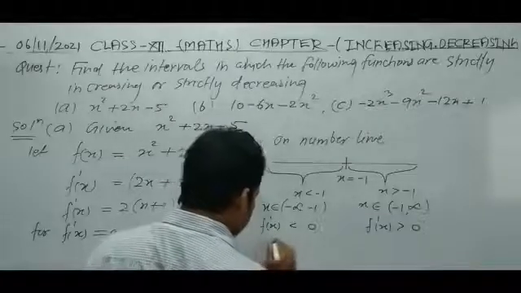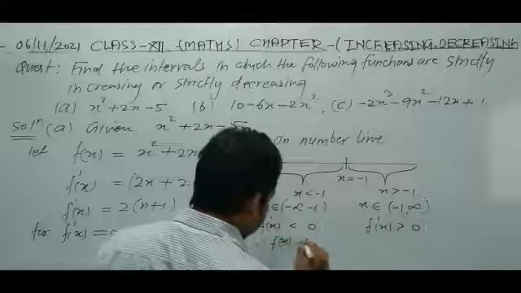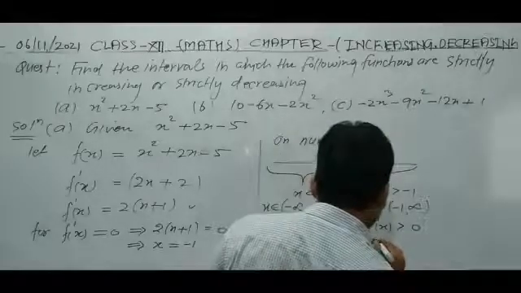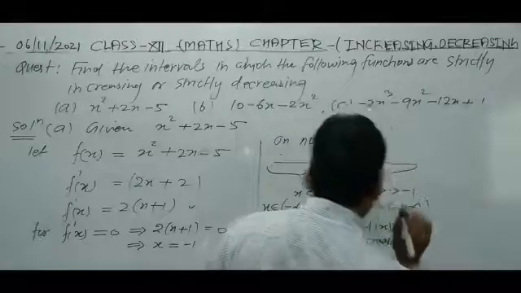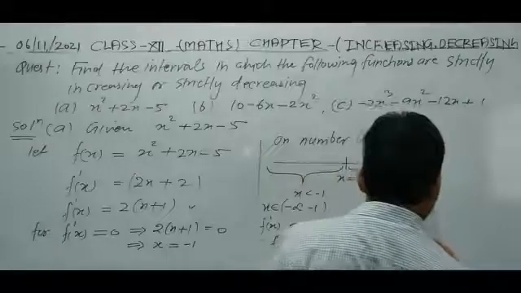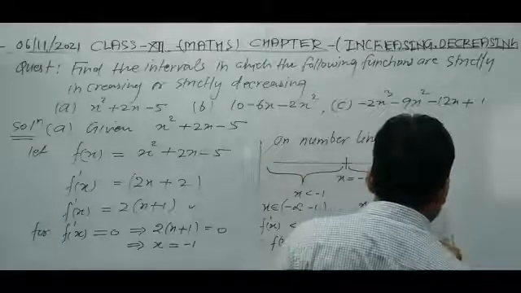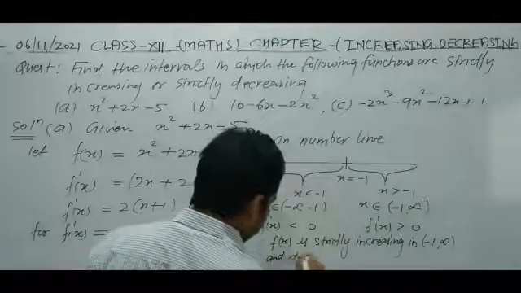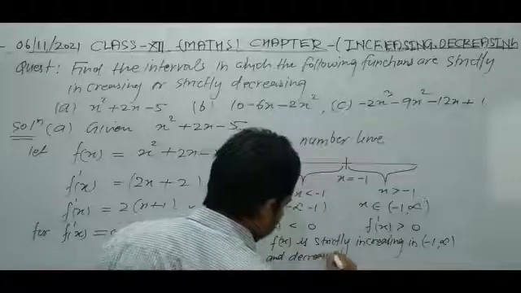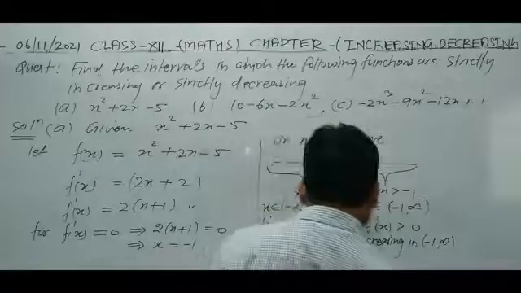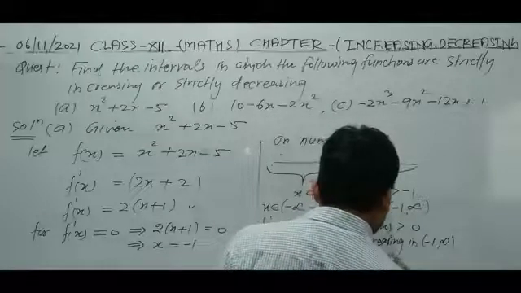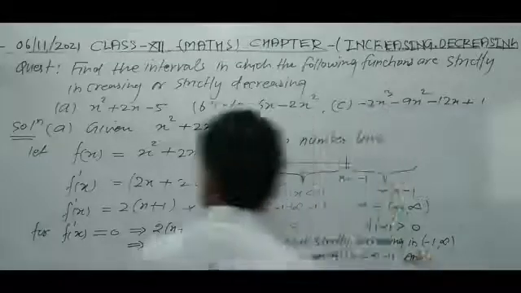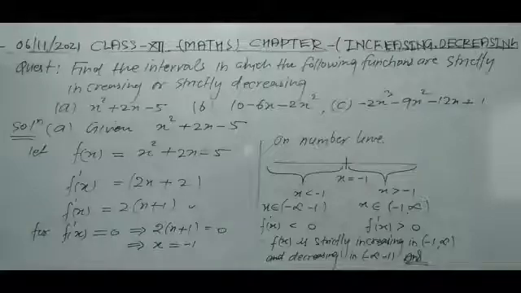Therefore, f(x) is strictly increasing in minus 1 to infinity and decreasing in minus infinity to minus 1. Now this is the answer. You can see.